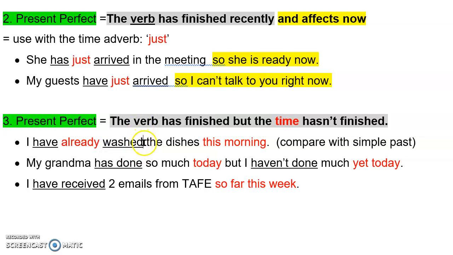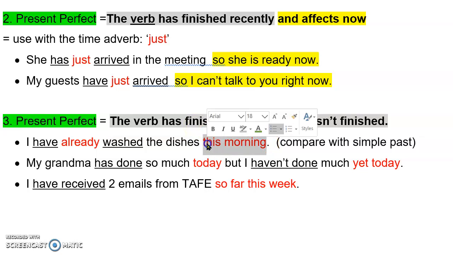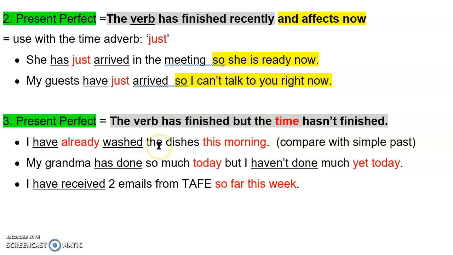Now, so this verb have washed, it has finished. But look for our time. This is our time. So if I say this in the morning, if I say I have already washed the dishes this morning, we can use this morning if it is still the morning when you say it. So the time hasn't finished.